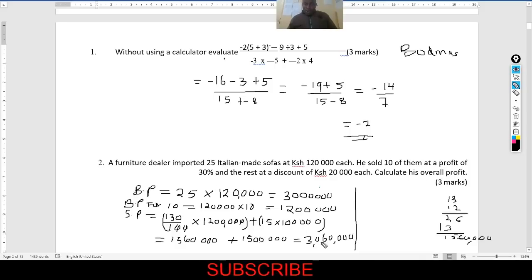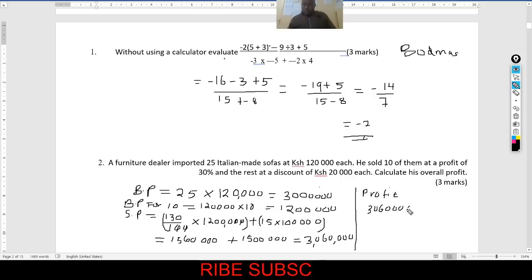the overall profit. Now the overall profit is this minus this. Profit will be equal to 3,060,000 minus 3 million.